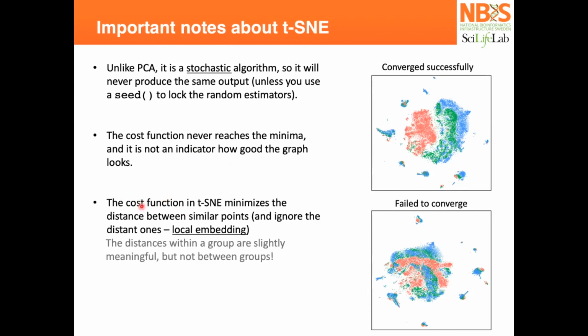As I mentioned before from Tui's question, tSNE only cares about the local embedding, so the distance between the cells that are grouped together. The distance within a group is slightly meaningful, but not between groups. For example, here you have this cluster in the 2 embeddings from the same data. This pointy shape is quite relevant.